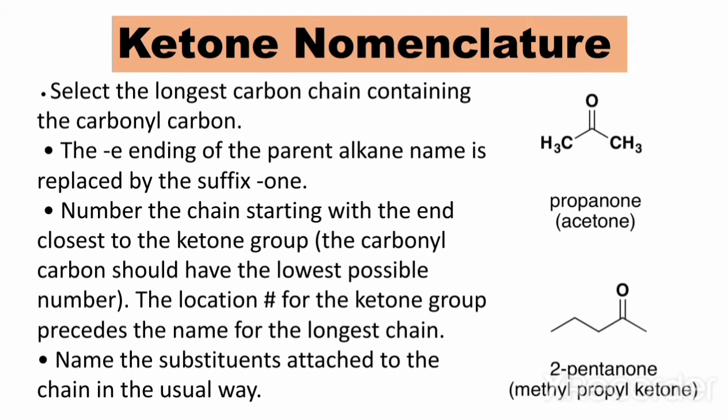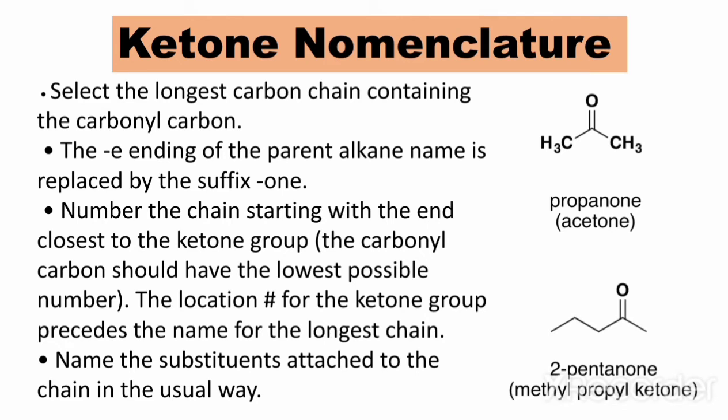So these are the basic rules: in numbering the chain, we have to give the ketone group the lowest possible number. The other rule is to name the substituents attached to the chain in the usual way, in alphabetical order, because it is the basic rule of nomenclature.